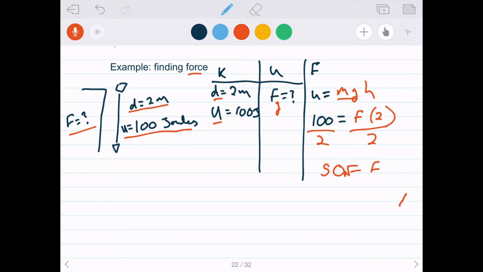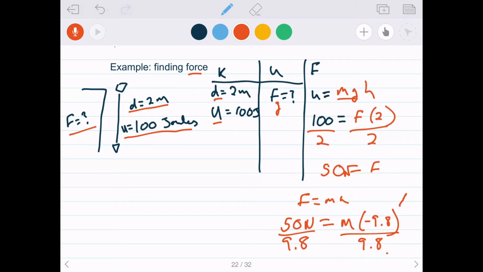I could continue to divide that by negative 9.8. I could go force equals ma, and the force is 50 newtons. And my mass, I don't know, but my acceleration is 9.8. Divide both sides by 9.8, and you can find your mass.